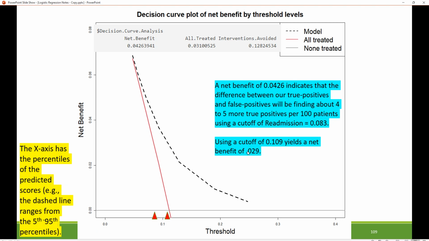Okay, so with that cutoff of 0.083, that would give us a net benefit of 0.0426. And I'm going to go to that first red triangle, and that would indicate a cutoff of about 0.083. And we see it crosses right around 0.0426.